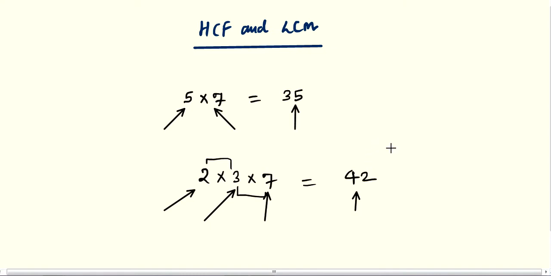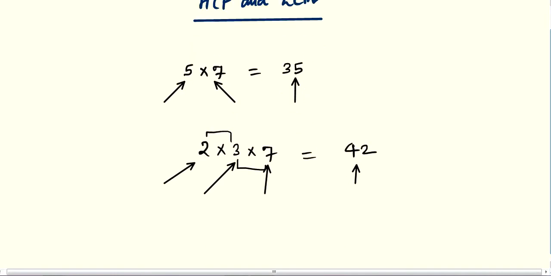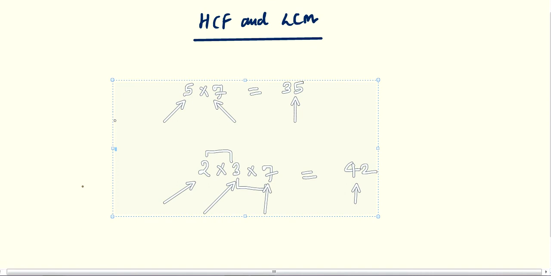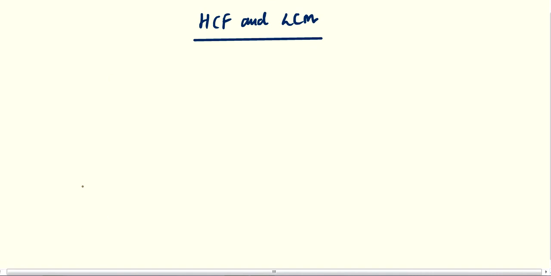Then next is prime number. A natural number that is divisible by only 1 and itself is called a prime number.